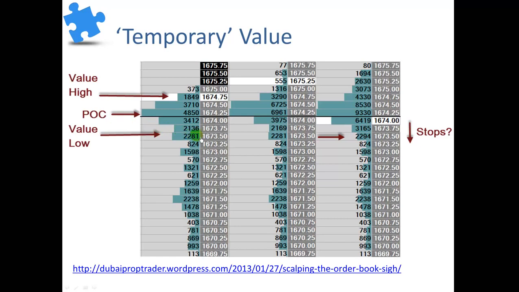So in this case, the area is 1673.50 to 1674.75, with a slight range extension here to 1675. Now, this was in the Globex session on this day, and what we're looking at here from left to right is actually a few hours of action, or some people would actually call that a few hours of inaction.